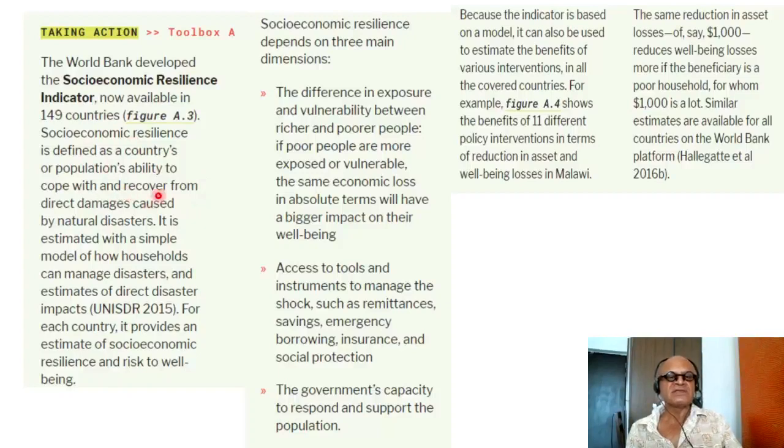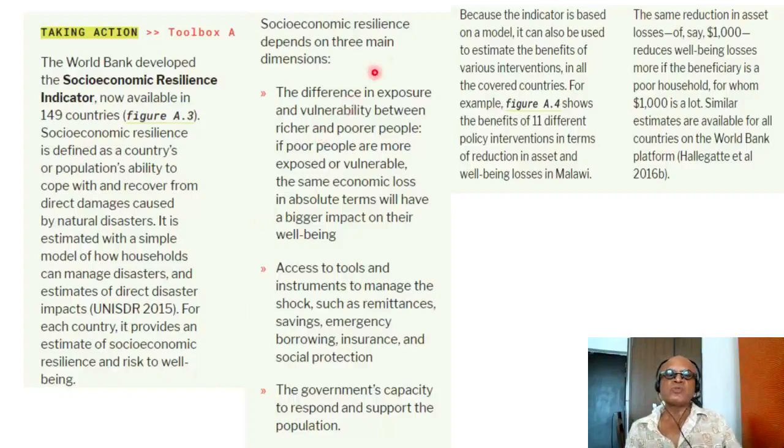Socioeconomic resilience is defined as a country's or population's ability to cope with and recover from direct damages caused by natural disasters. It's estimated with a simple model of how households can manage disasters and estimates of direct disaster impacts. For each country, it provides an estimate of socioeconomic resilience and risk to well-being, which has a definition itself.